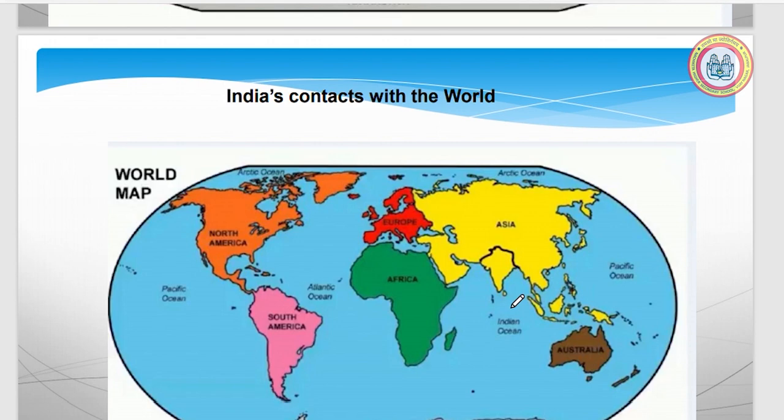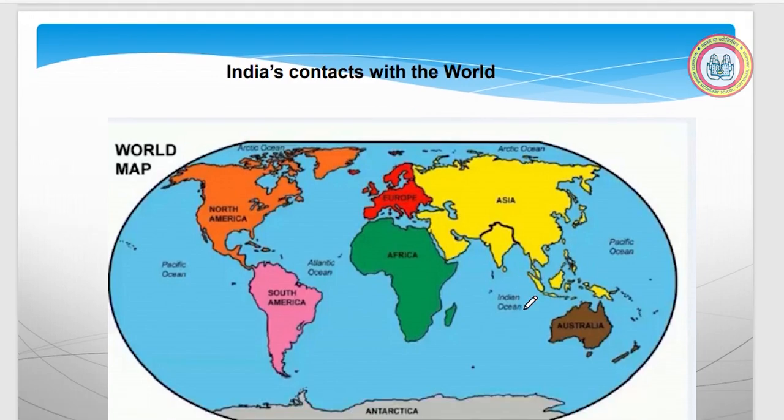The opening of the Suez Canal further helped in establishing close contact with Europe, as it reduced the distance by approximately 7,000 kilometers. The Suez Canal was opened in the year 1869.